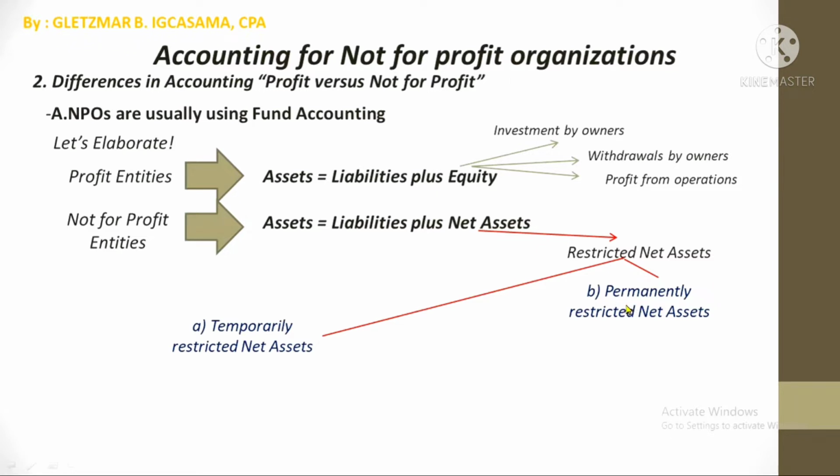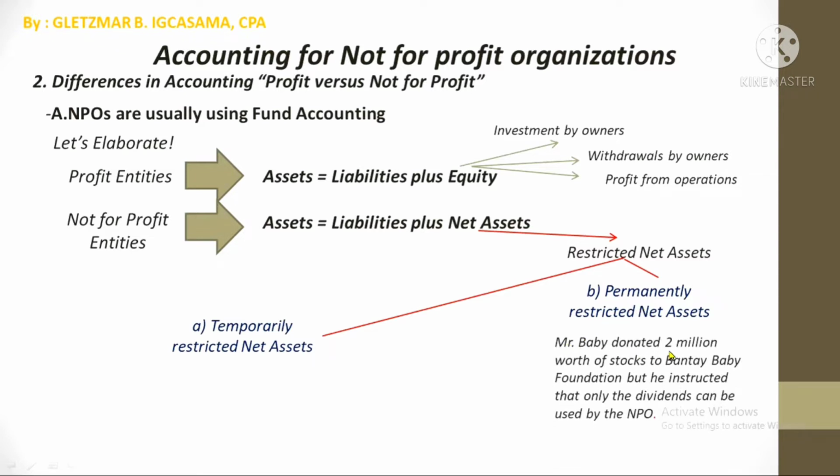But wait, what is the logic behind? Why do donors have to give something that can't be used by the not-for-profit organization? To make it clear, let's have an example. Mr. Baby donated 2 million worth of stocks to Bantay Baby Foundation, but he instructed that only the dividends can be used by the NPO.